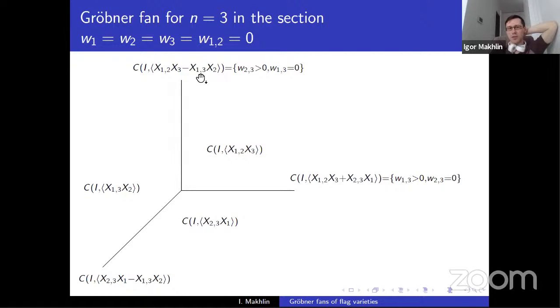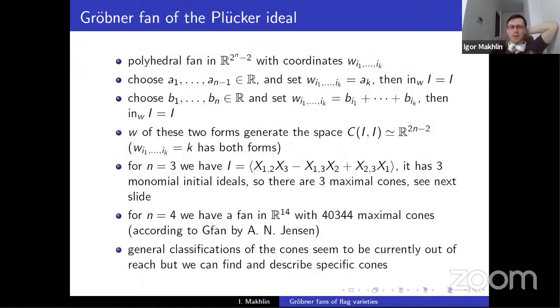They are actually toric degenerations. And then, the point here corresponds to C_I itself. So this is the initial ideal that is I itself. Okay, so this is the Gröbner fan of the 3-dimensional flag variety, and this is very simple.